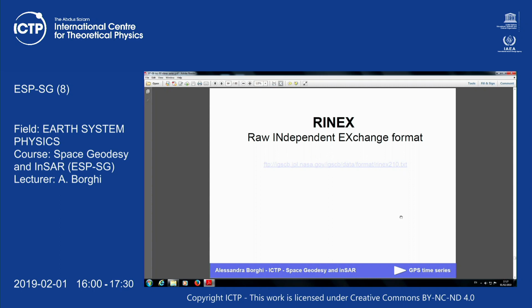Okay, at the end of this lesson, before we start with the time series analysis, we see what a RINEX file is. A RINEX file is a format for exchanging GPS data.